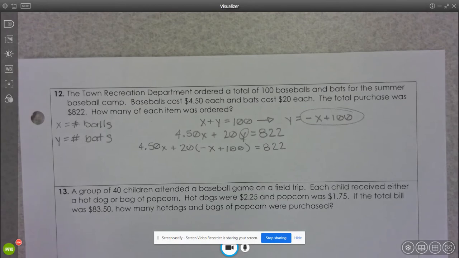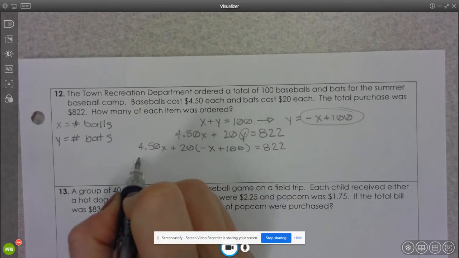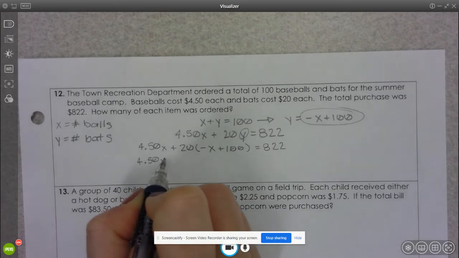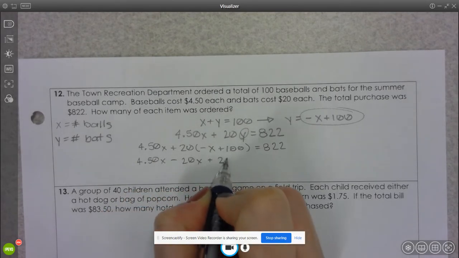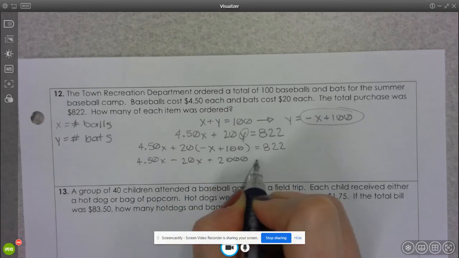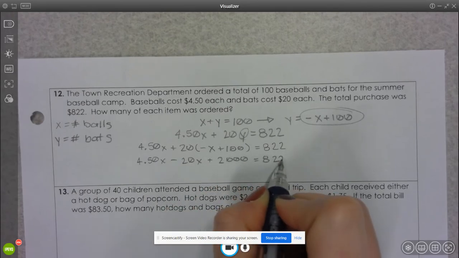That was a very violent door slam. So I have 4.50x minus 20x plus 2000 equals 822.